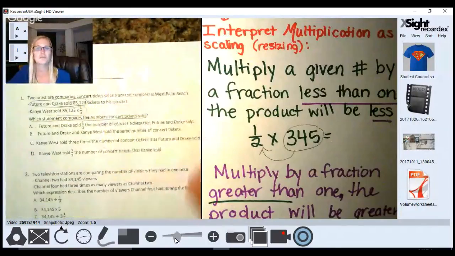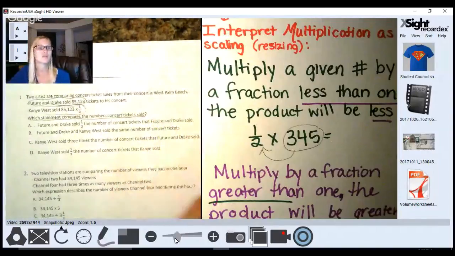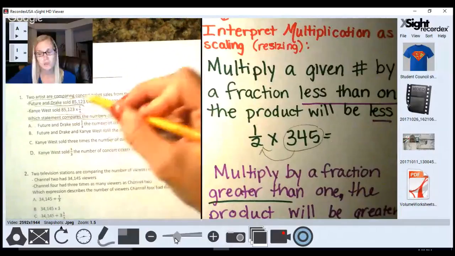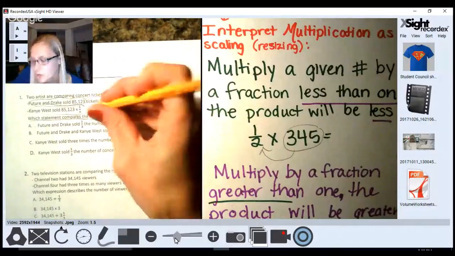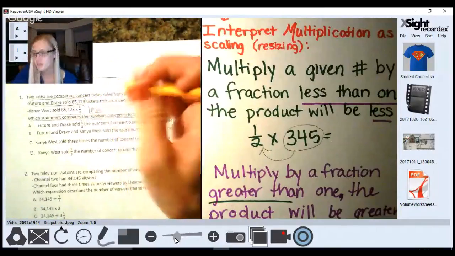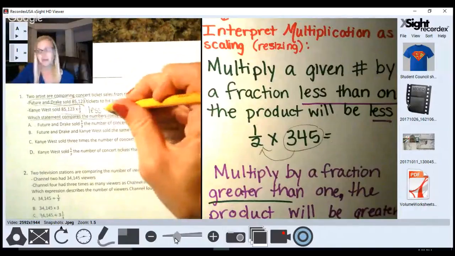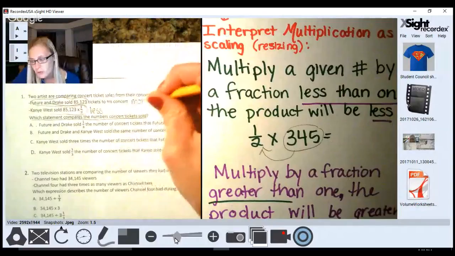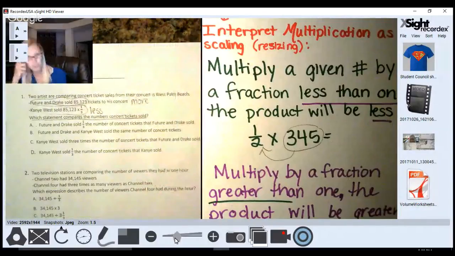So when you're referring to those rules, you should realize that your product will be less than, meaning that Kanye sold less than Future and Drake. So I'm going to write the word less for Kanye. If Kanye sold less, then by default, that means that Future sold more. Again, just using that strategy to take mental notes so I understand what it's actually asking me.